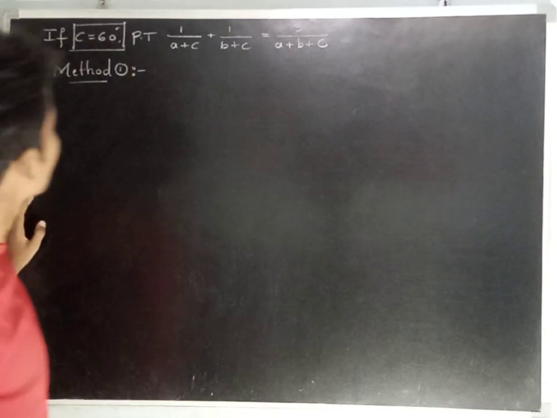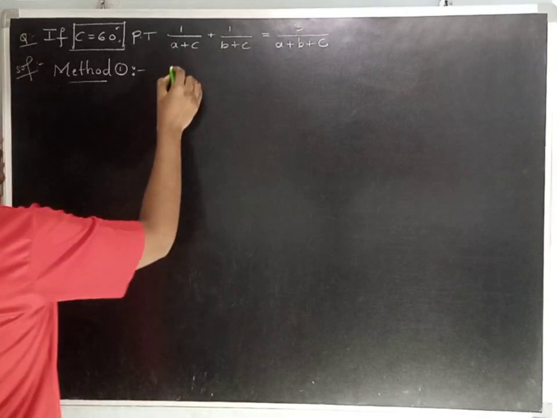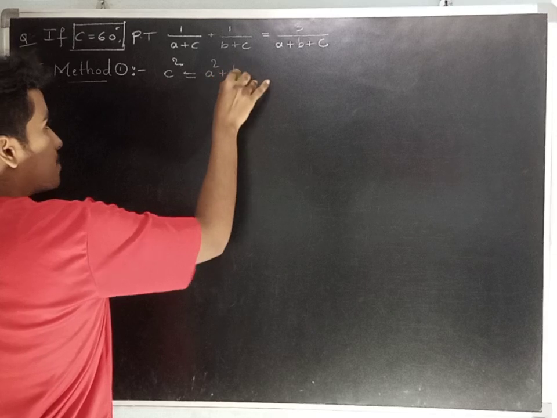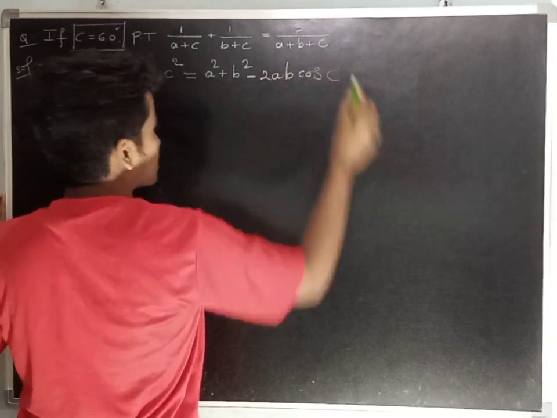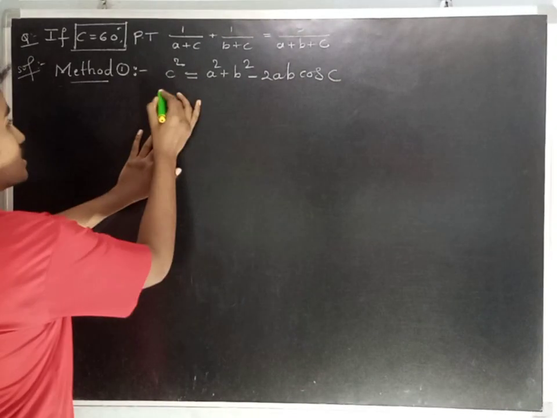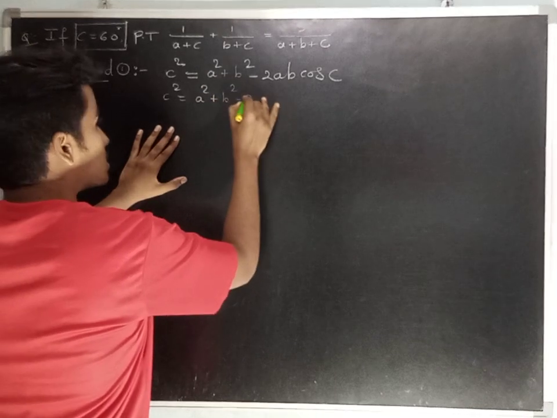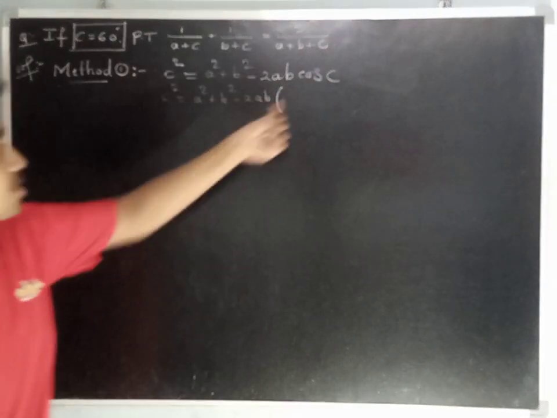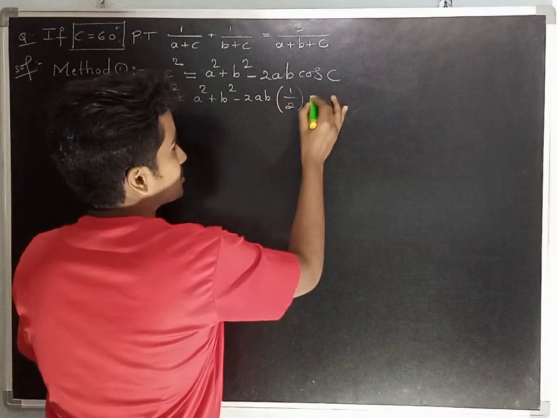Solution. Basically, let me take the cosine rule. C square is equal to A square plus B square minus 2AB cos C. C is 60 degrees, so cos C is 1 by 2.